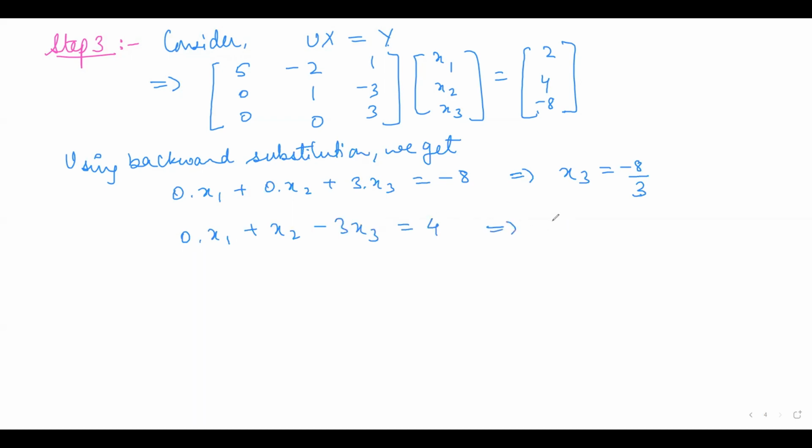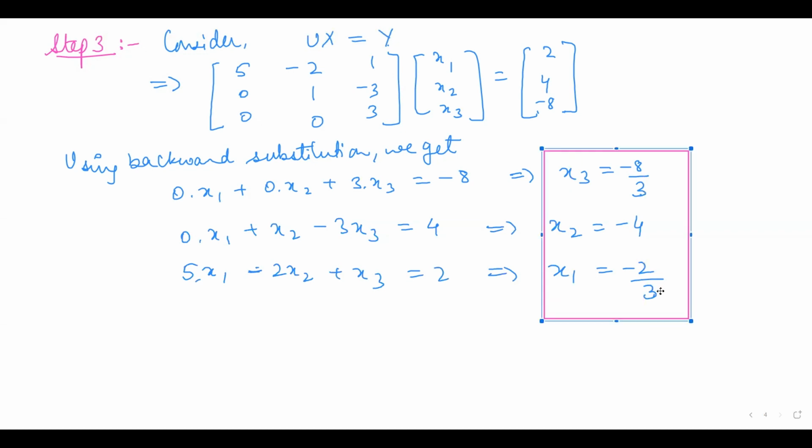So it will give me the value of x2, that is 4 minus 8, that is minus 4. Then 5x1 minus 2x2 plus x3 is equal to 2, which will give me the value of x1, that is minus 2 upon 3. So you would notice here that we have got the values of x1, x2, x3, and this is what we need to find out.